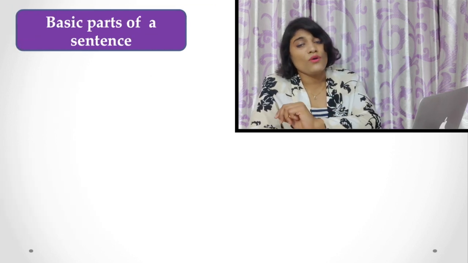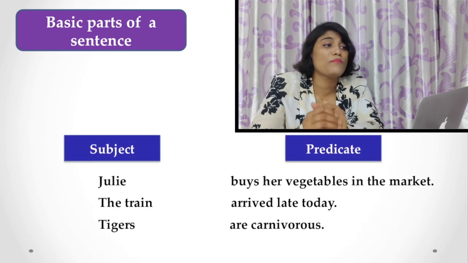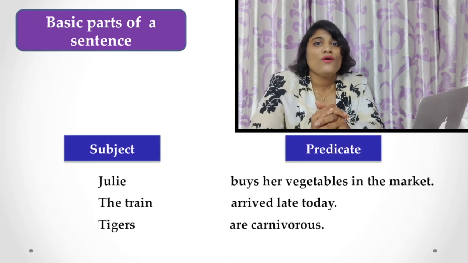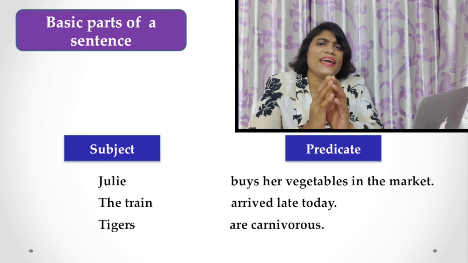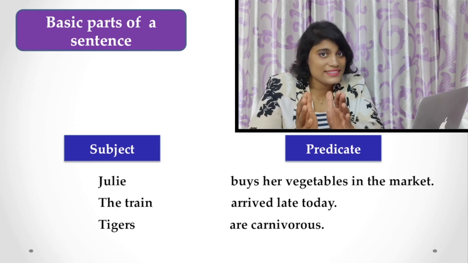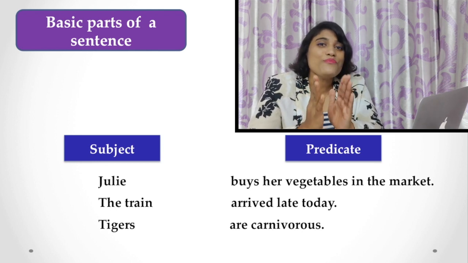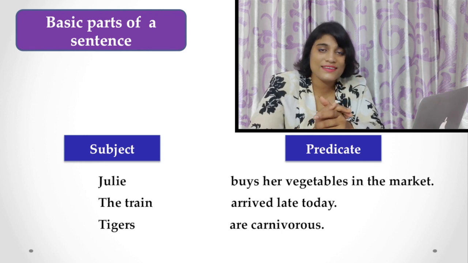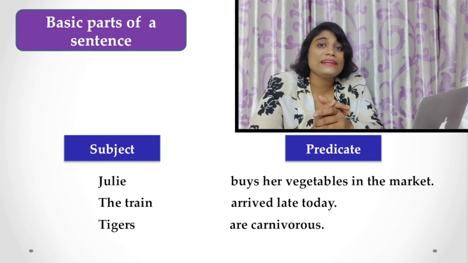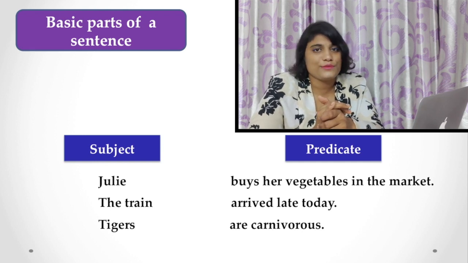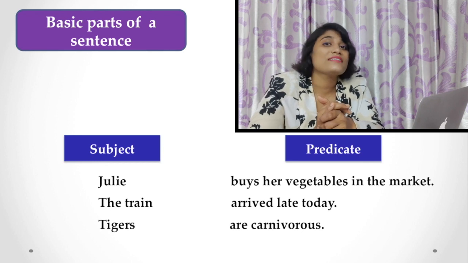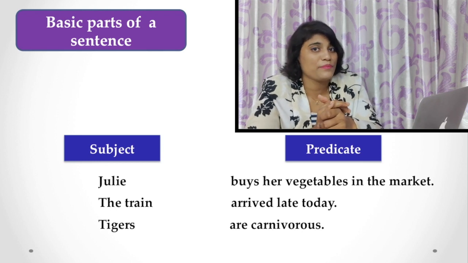Now, what is the basic part of a sentence then? We can divide any type of sentence into 2 basic parts, that is the subject part and a predicate part. If we are writing any kind of sentence, we have to keep in mind we have to put a subject and a predicate part.